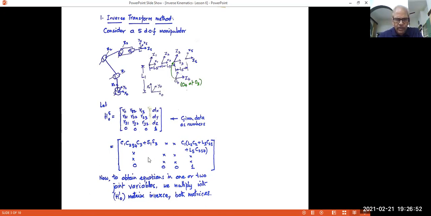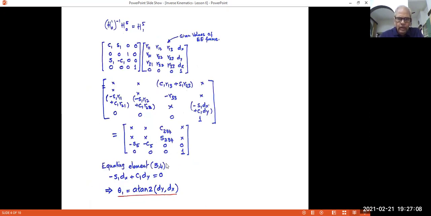By comparing these numbers with these expressions, you don't directly get any solutions for the joint variables. So what we do is we multiply this and this with H10 inverse. This is given numbers, and H10 inverse is this for the particular frame choices we made.